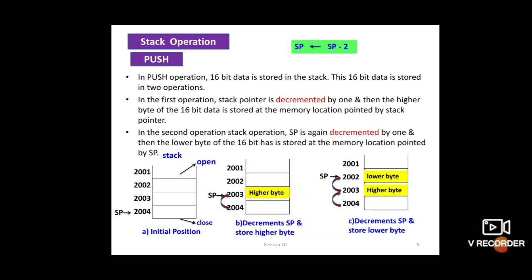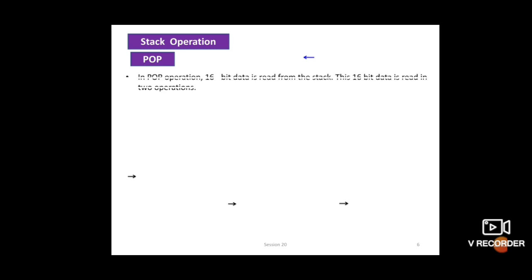Now see the next operation, pop. Pop means read data from the stack. A pop operation means 16-bit data is read from the stack. Whatever data is stored in the stack, if you want to read or pop that data, how to do it? See, this is a stack.